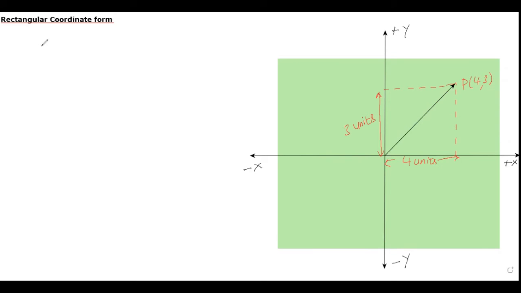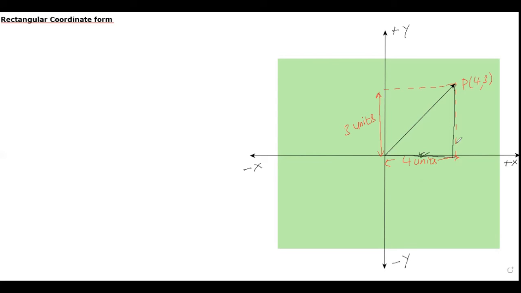First of all, I am going to calculate its length. This one is 4 units, and that represents the x coordinate of point P. Similarly, this one is 3 units, and that represents the y coordinate of point P.